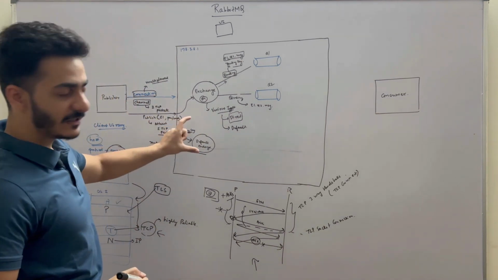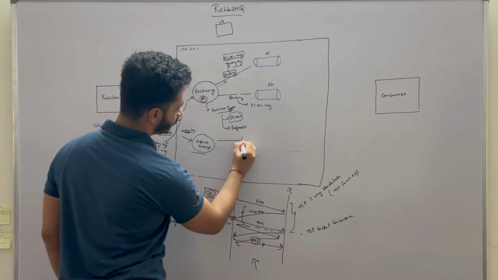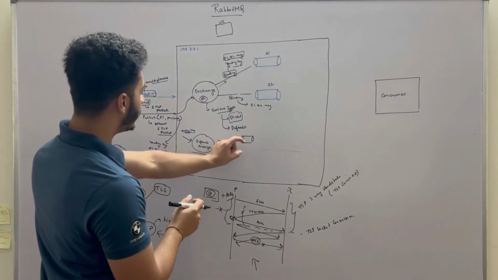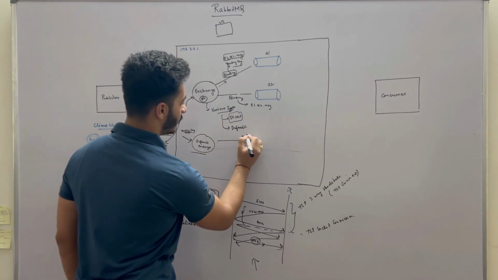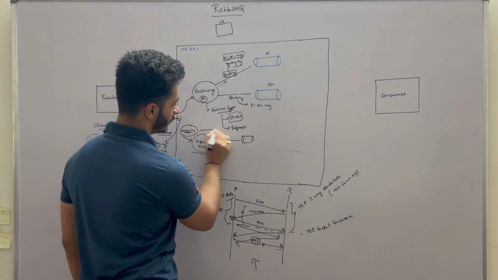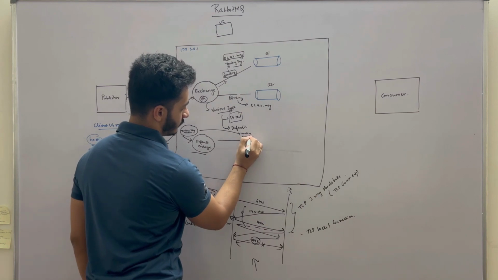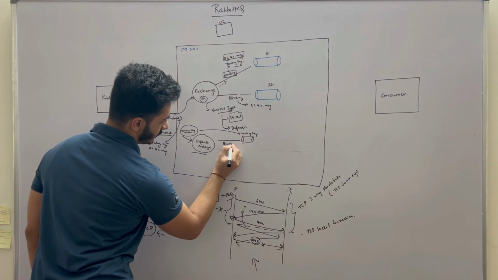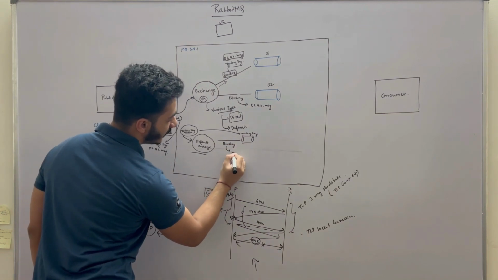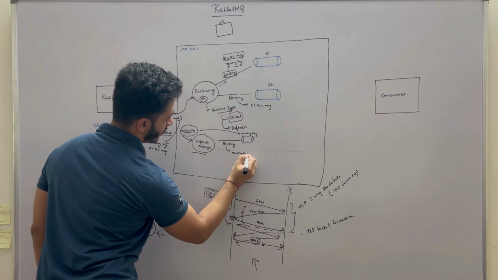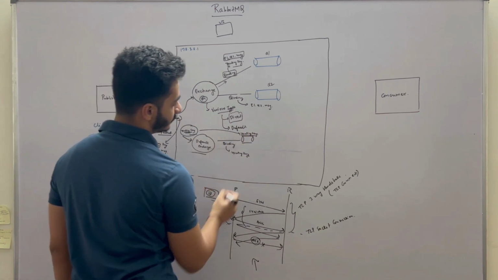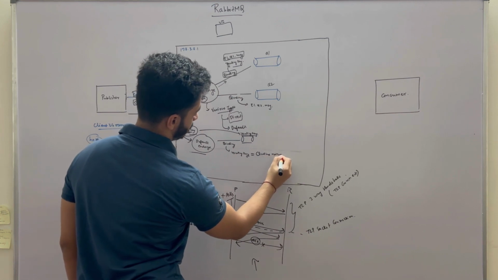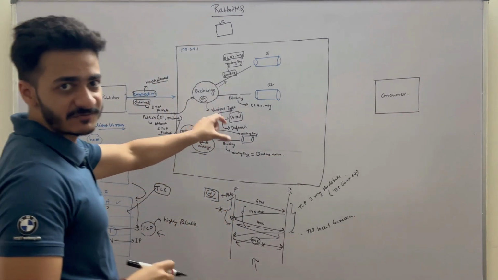Now what this default exchange will do is, it will create a queue automatically, and this queue name will be the same as the routing key. Okay, and this binding will also have the routing key which is equivalent to the queue name. So this is how a default exchange will work.